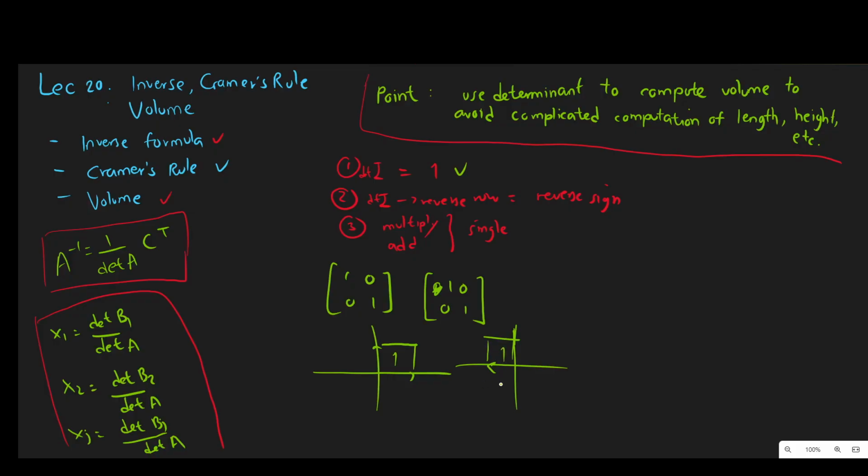So it might look like this, which has the -1, 1, and then you have the area of -1. And even if you don't have a unit area, let's say you have some area of 8, then you end up with -8. The sign will change, but the magnitude doesn't.